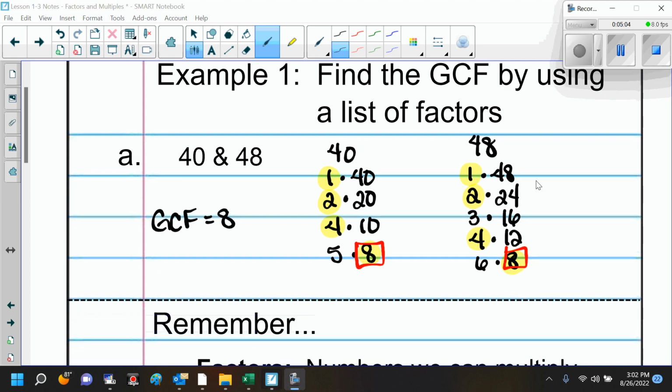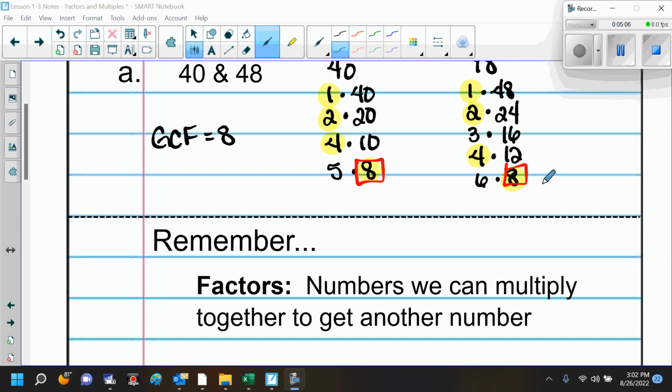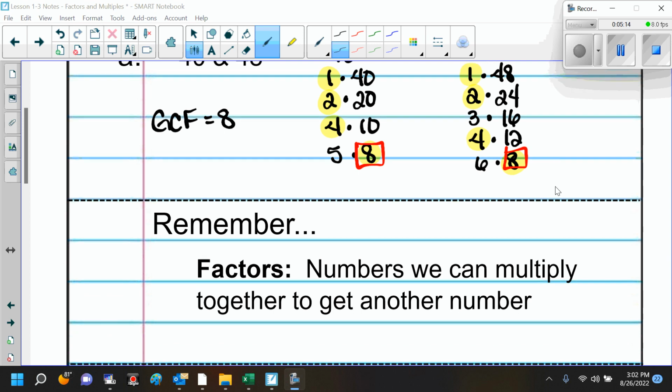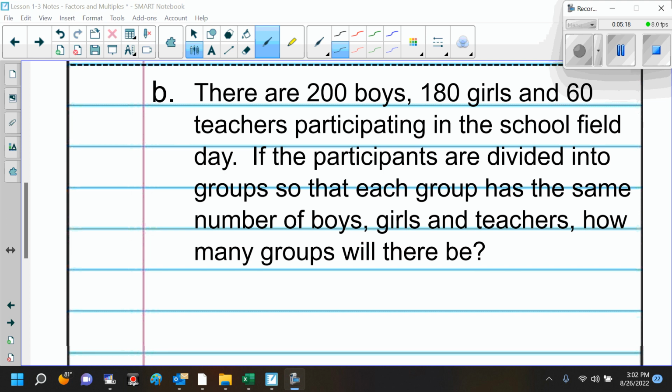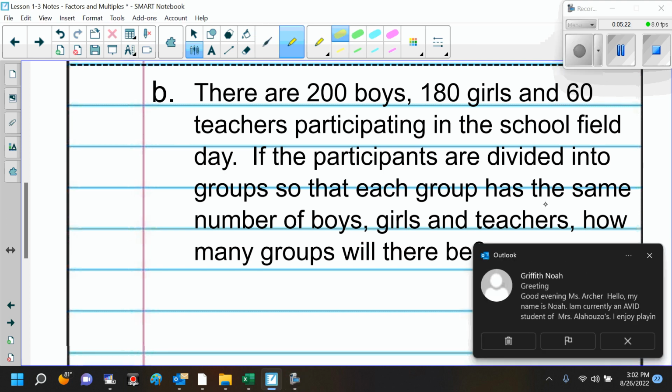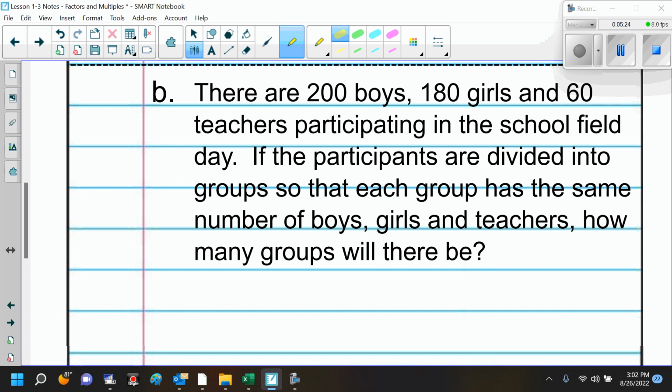So now you need to remember for the next example that we're going to do, remember that the numbers we can multiply together to get another number, those are the factors. Okay? So on this example, there are 200 boys. There are 180 girls, and there are 60 teachers participating in the school field day.